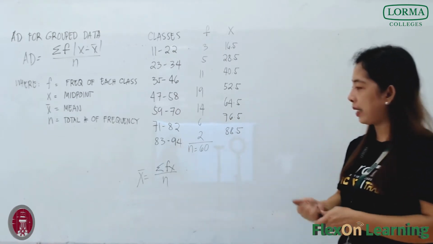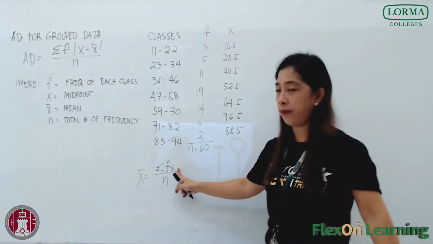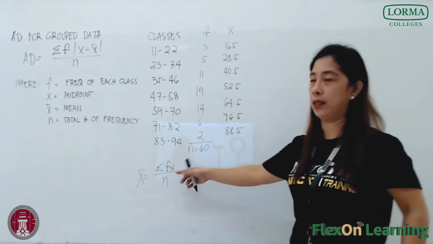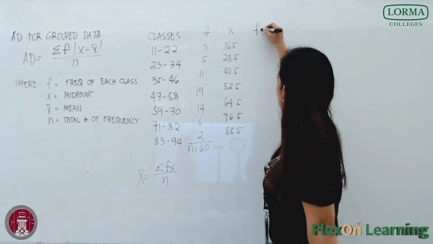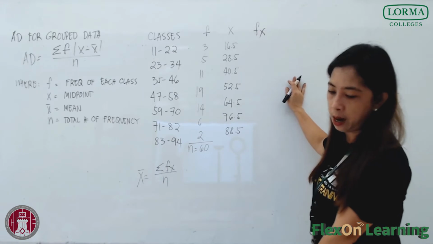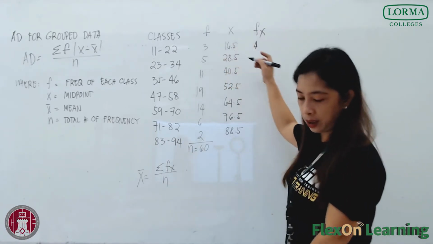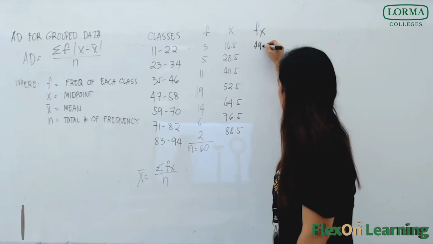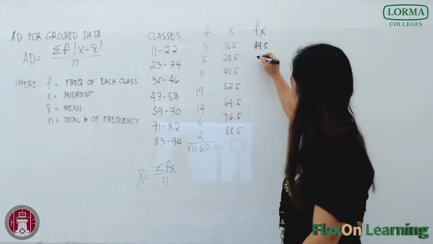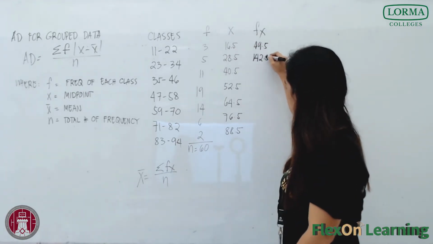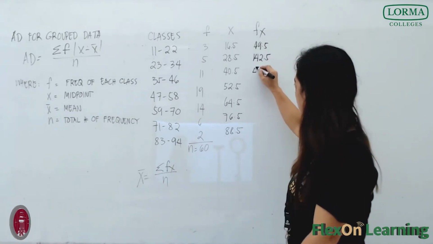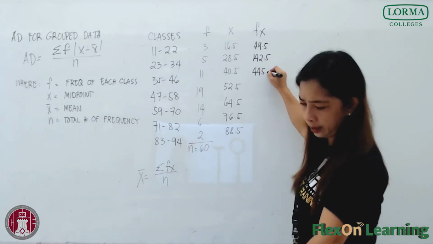In getting the mean, we have to get the frequency times the midpoint. So we have frequency multiplied by our midpoint. That would be 3 times 16.5, which is 49.5. I'll just write this one, 445.5.